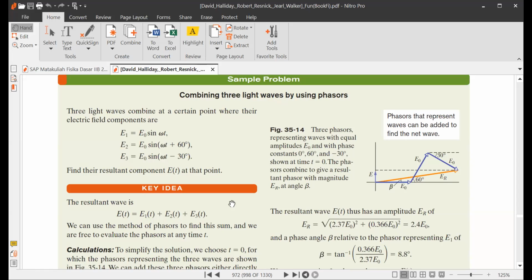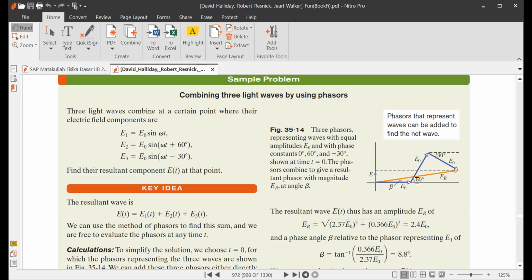So this is the sample problem. For example, if we have 3 light waves, using phasor, we get E1 here, with phase difference 0, and we have E2 here, with phase difference 60 degrees.